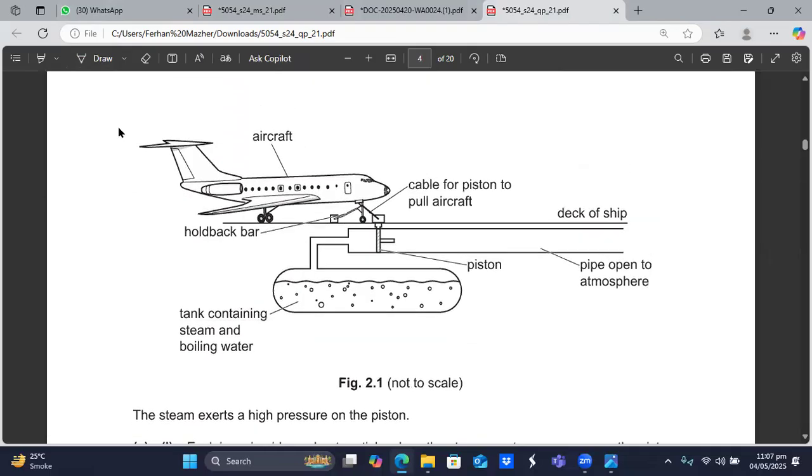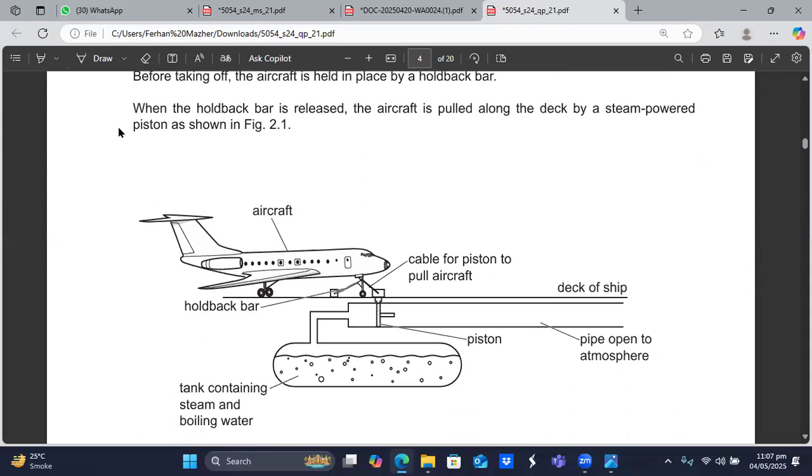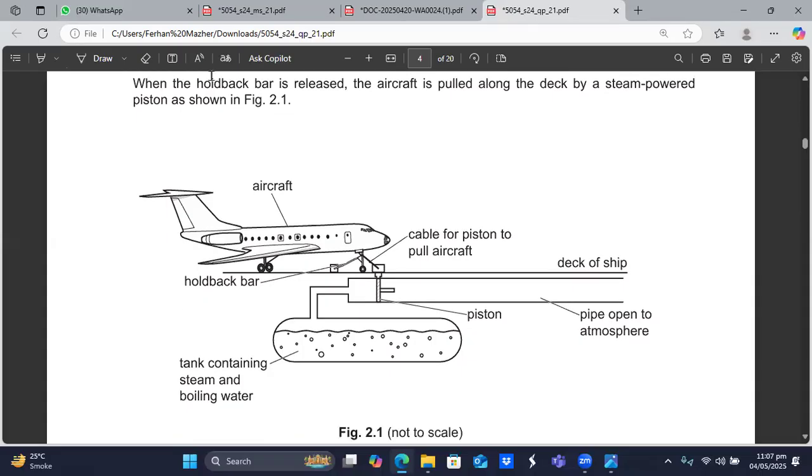Okay, question number two coming up on your screen. He says a small aircraft takes off from the horizontal deck of a ship. Before taking off, the aircraft is held in place by a hold back bar. When the hold back bar is released, the aircraft is pulled along the deck by a steam powered piston as shown in the figure 2.1.